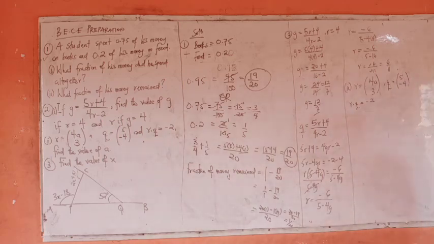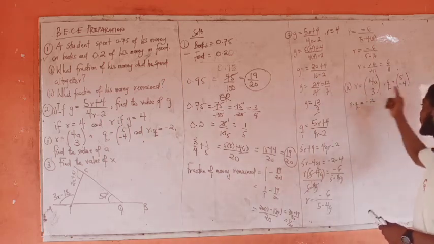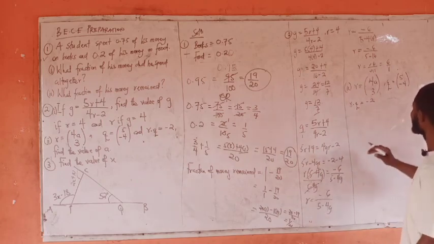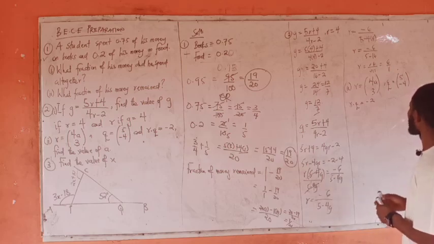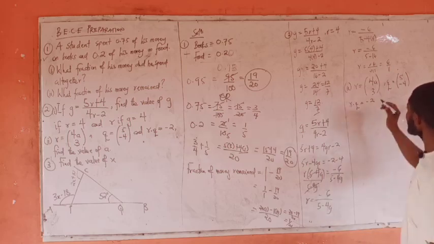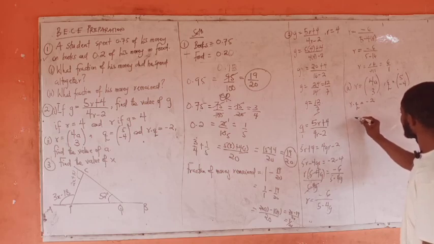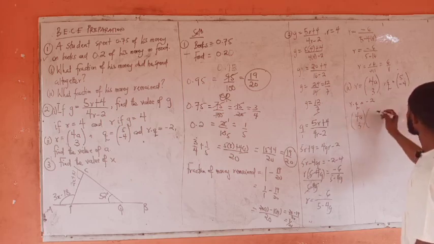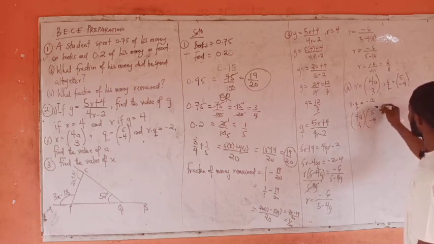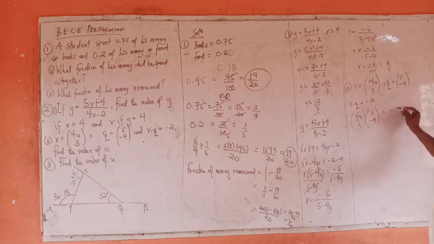So r dot q means r times q. Then we multiply. So in the multiplication process, r is 4a 3, q also is 5 negative 4. So this should be equal to negative 2.